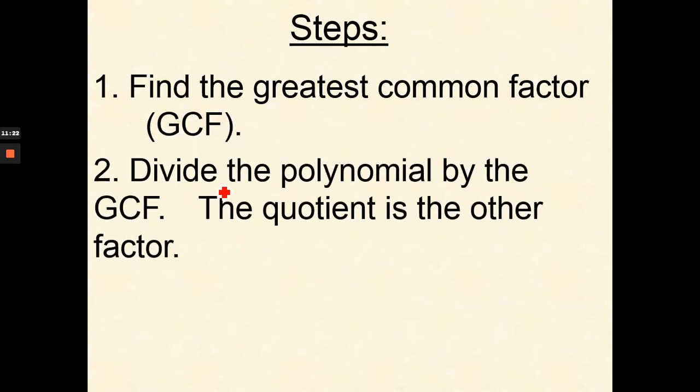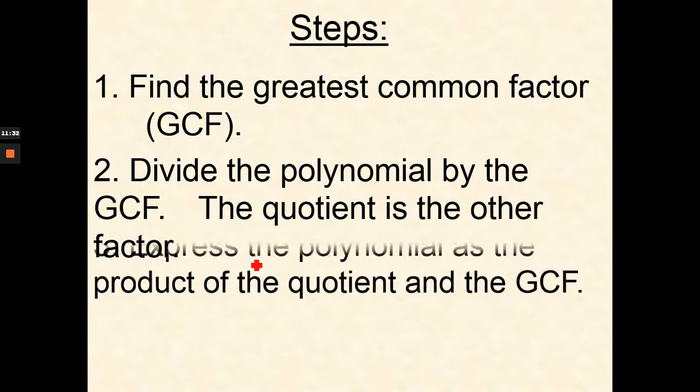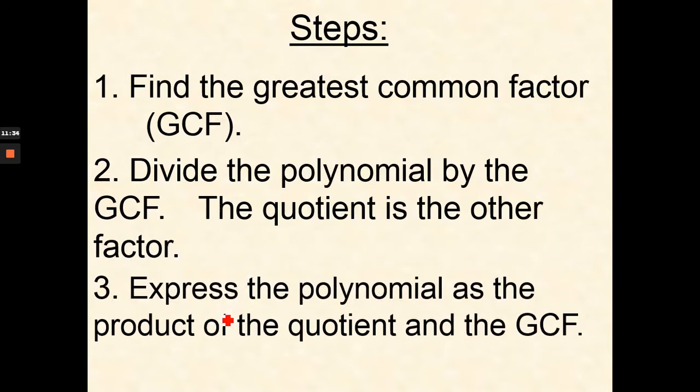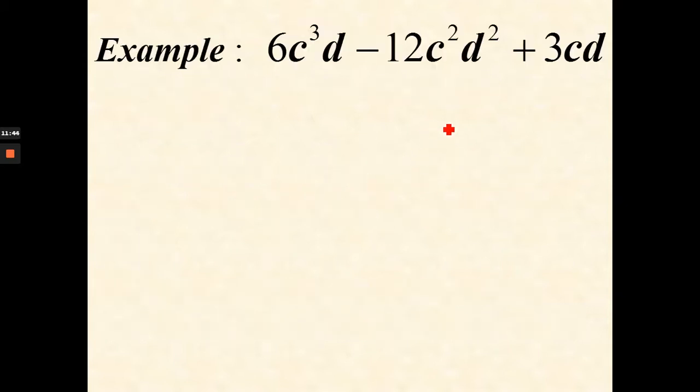The second step is to divide the polynomial by the given GCF, then the quotient is the other factor. And number 3, express the polynomial as the product of the quotient and the GCF.